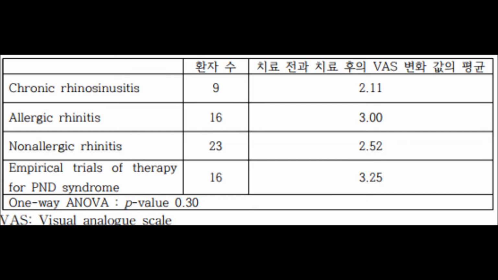That is, the improvement of VAS in the patients who first received empirical treatment was as much as the improvement in the patients who started treatment after the cause was found.